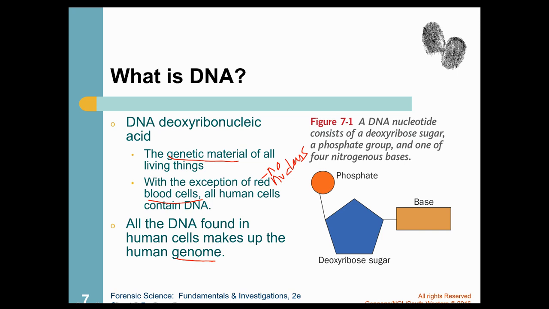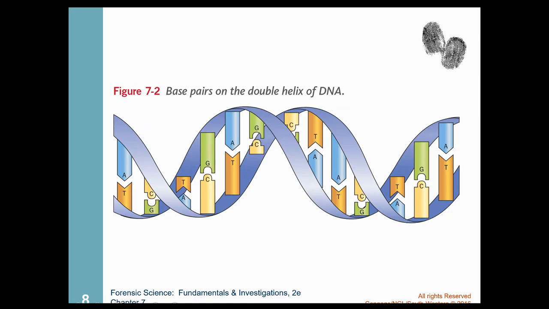A DNA nucleotide consists of a deoxyribose sugar, a phosphate group, and then here we have our nitrogenous base. This should be familiar to you from Living Environment. Now we have our nitrogenous base pairs on our double helix, which is the shape of the DNA molecule.